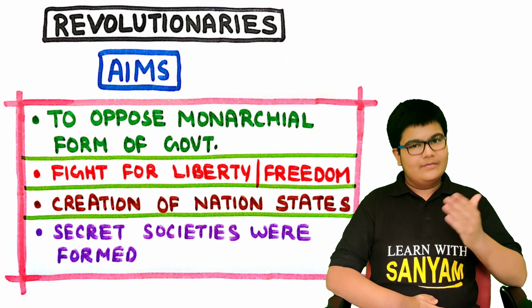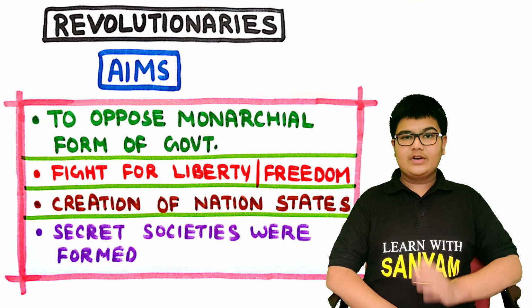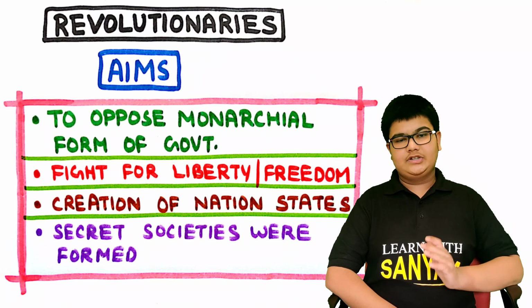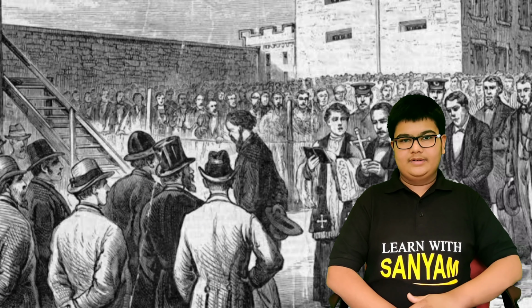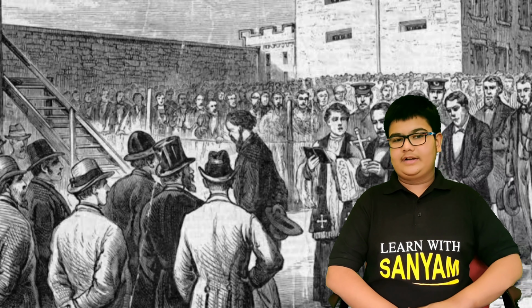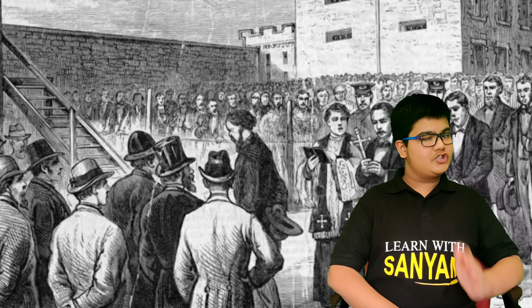When the conservative regimes were being formed, the revolutionaries started opposing the monarchical form of government, fighting for liberty or freedom, and struggling for the creation of nation states. All this work was done underground as they had the fear of getting caught. Hence, many secret societies were formed by these revolutionaries.